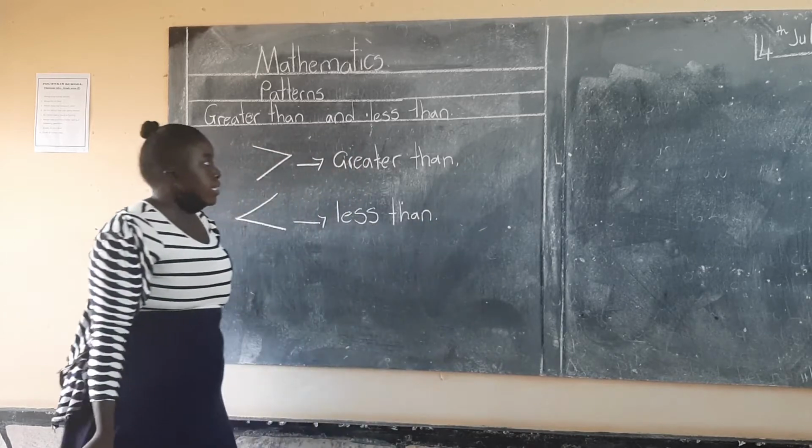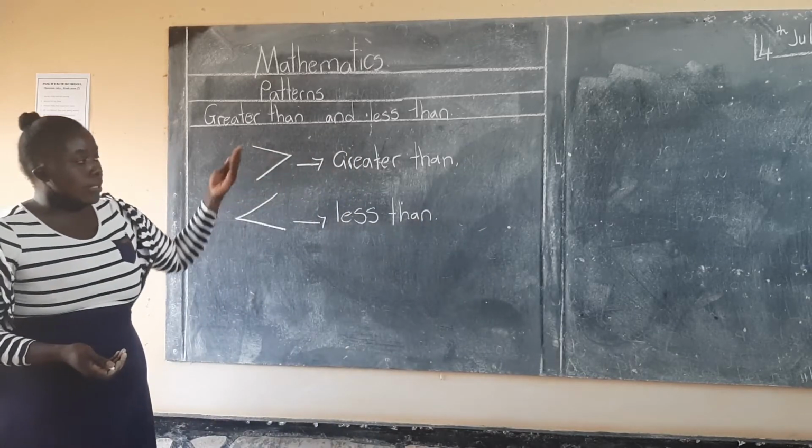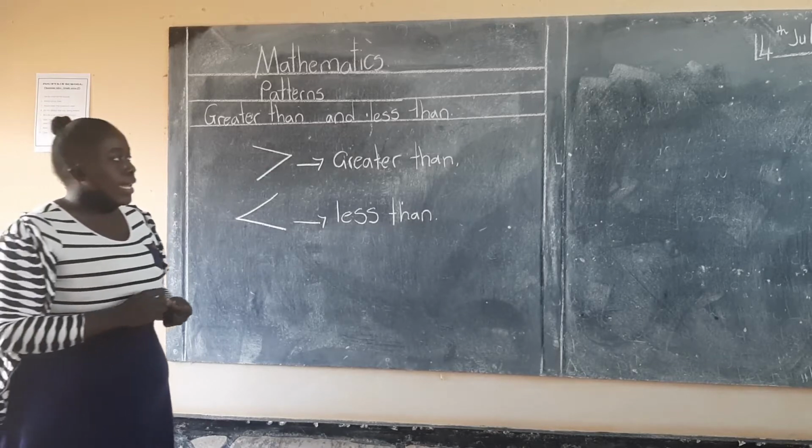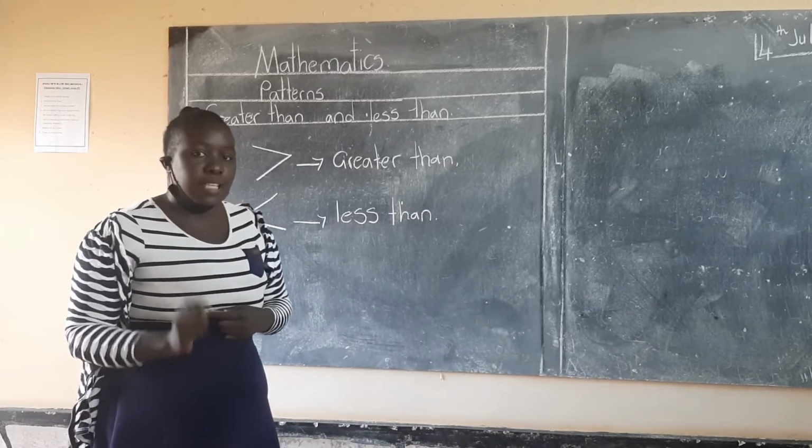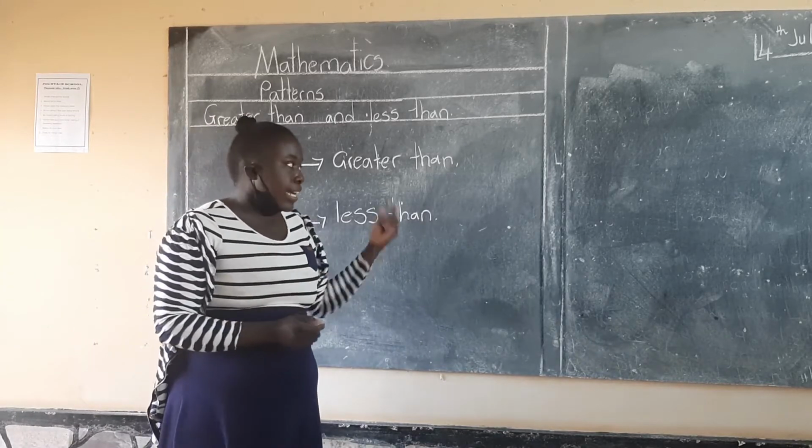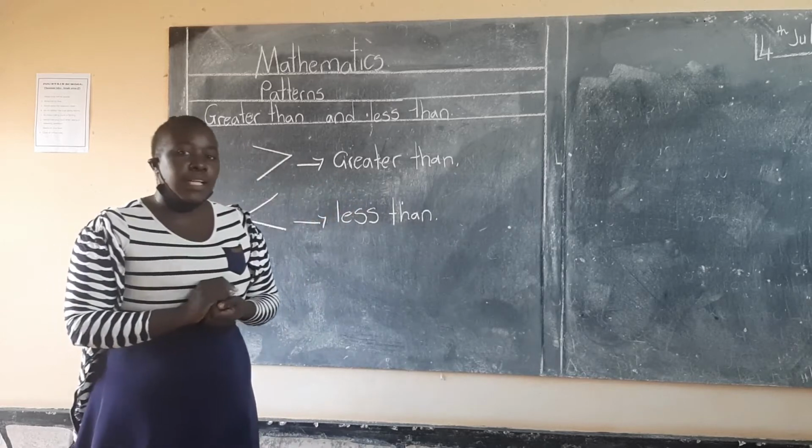Like I said, we use greater than or less than to compare numbers. Let me give you an example of how we compare numbers using greater than and less than.